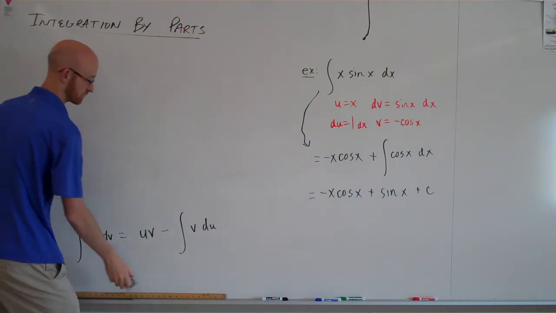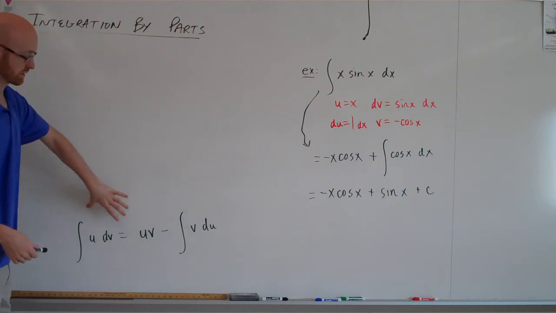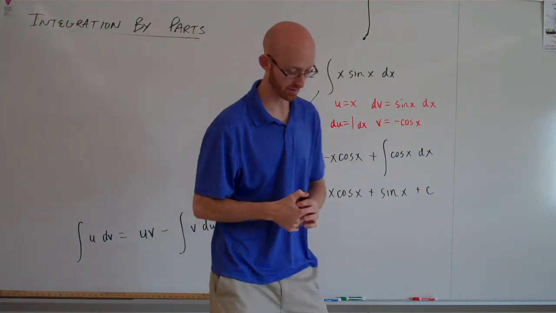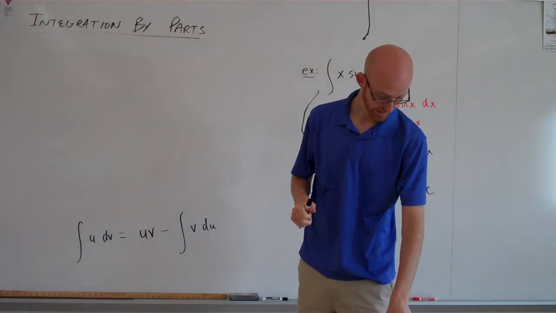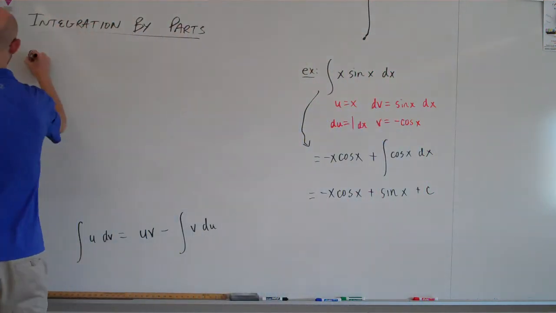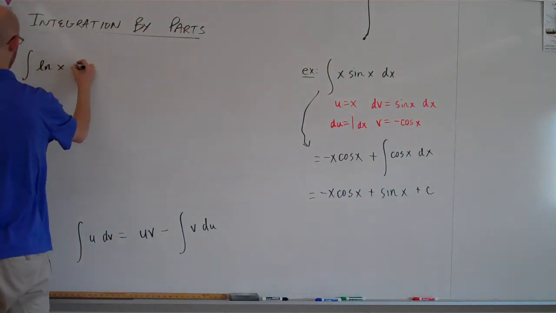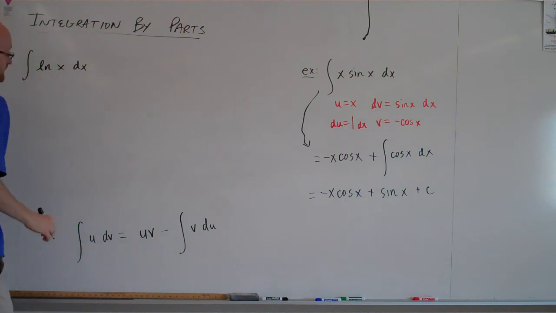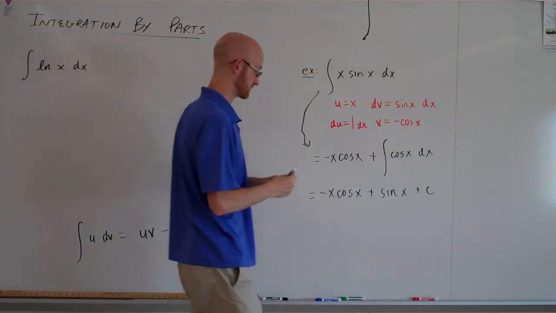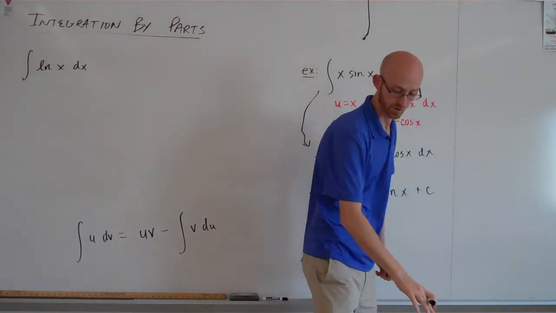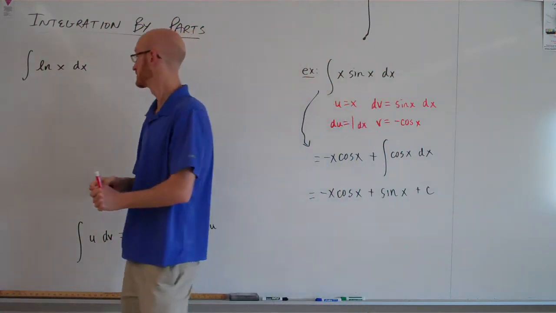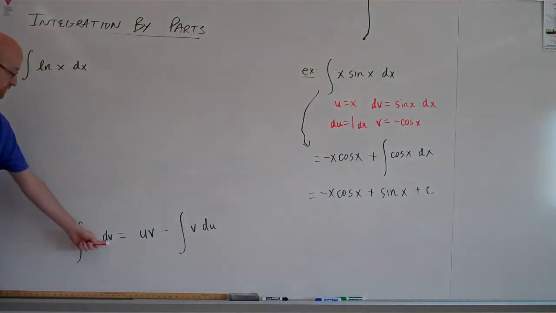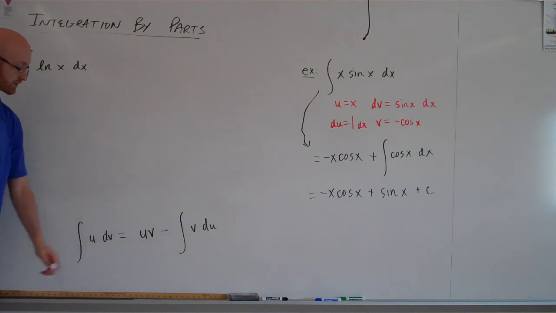And I'm leaving my concise definition of integration by parts here. So now we're going to integrate this function, which is the natural log of x. So again, we need to declare u and dv, because that's where we start in our integration by parts.